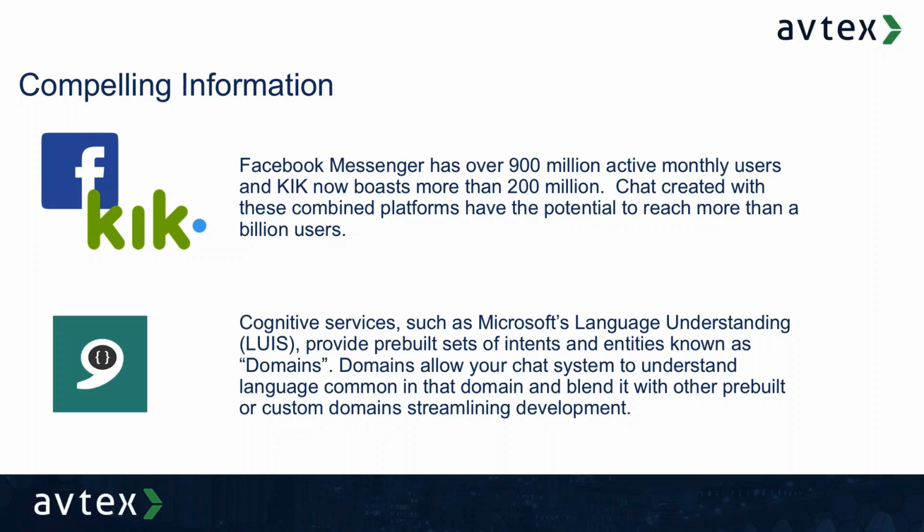So if you happen to be opening a restaurant and you're going to create some kind of an AI chatbot that is going to manage things like reservations and menu options and different things like that, you can use something like a Lewis domain for the restaurant industry that will build in some language understanding for your chatbot so that when it sees certain terms, it can refer back to that domain knowledge and understand what those terms mean.